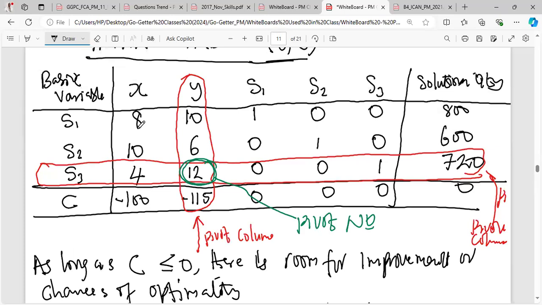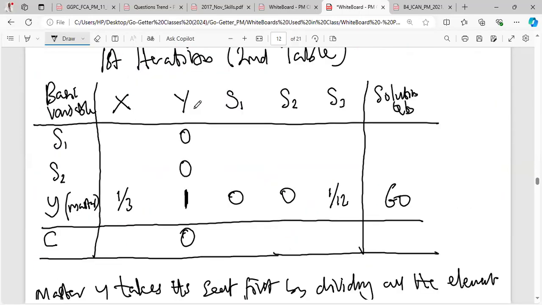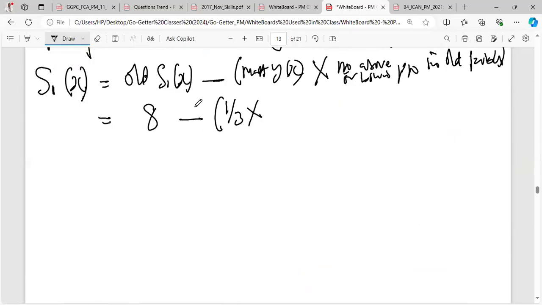Because we are doing S1, it must be this 10. I know it sounds confusing a bit, but just follow it religiously and you will understand.